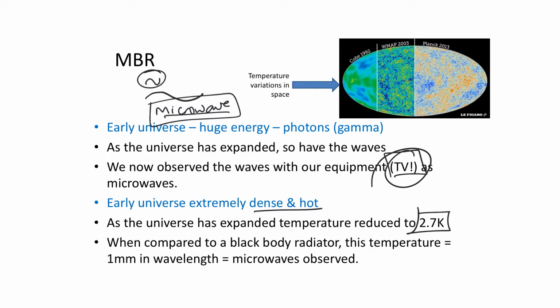The temperature that's associated with that is 2.7 Kelvin, where 0 Kelvin is absolute zero, the coldest temperature that you can get. We'll do more on Kelvin when we look at the next topic, which is going to be thermal physics. So this radiation that we can see in the background from space could not be explained by any other theory, and therefore the Big Bang Theory became the most widely accepted theory of the origin of the universe.